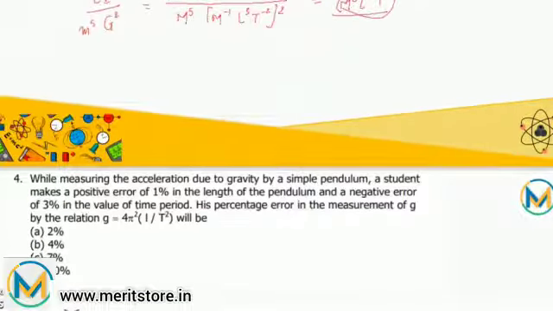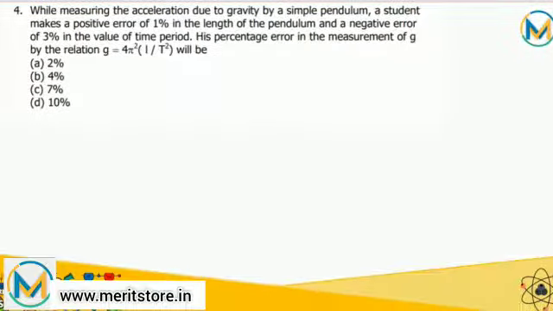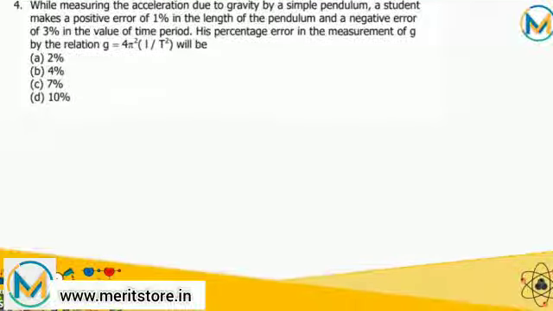Looking towards the next question. While measuring the acceleration due to gravity by a simple pendulum, a student makes a positive error of 1% in the length of the pendulum and a negative error of 3% in the value of the time period. His percentage error in the measurement of g by the relation g is equal to 4 pi square l upon T square will be.